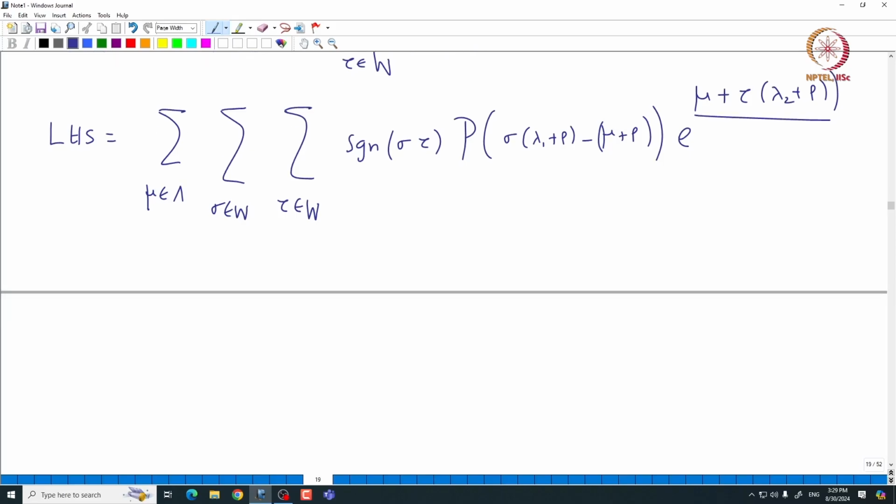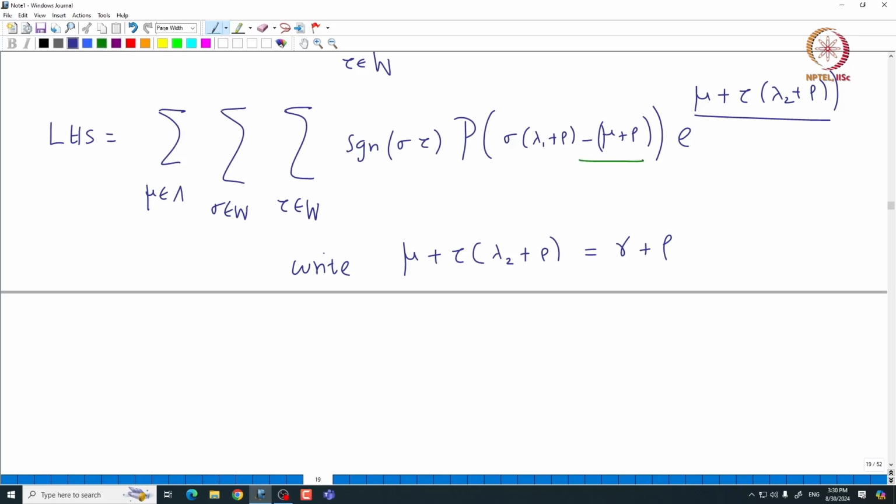Then it is clear what minus mu plus rho will be, because that is what appears in the partition function, so this also should be rewritten.